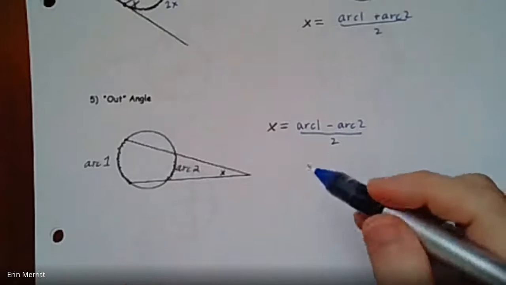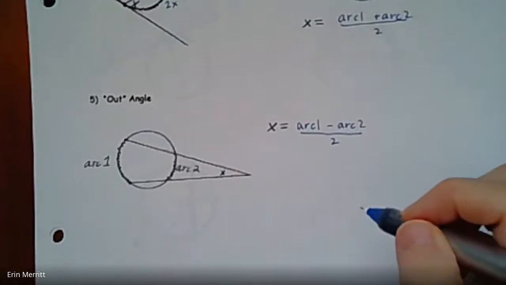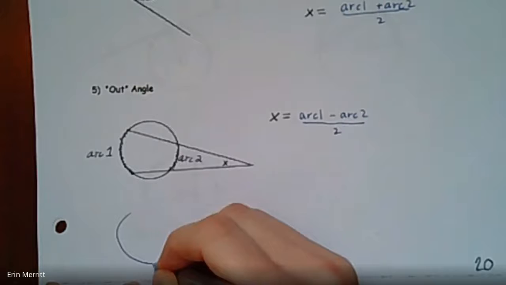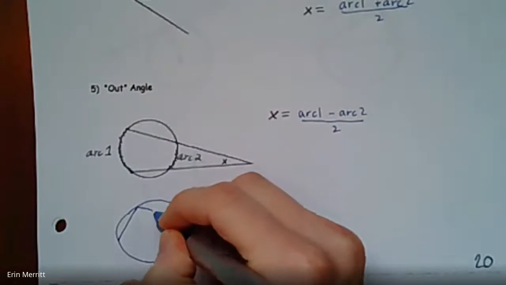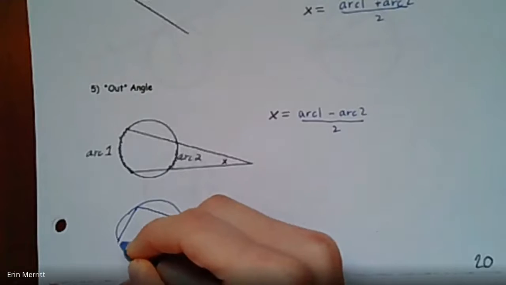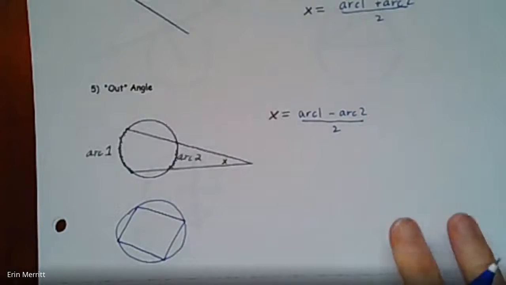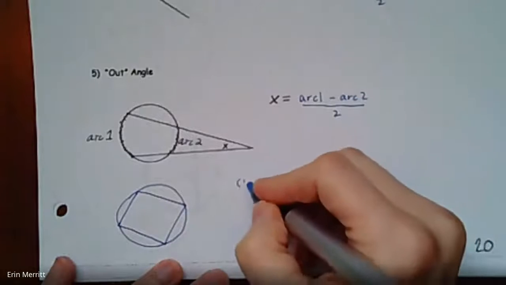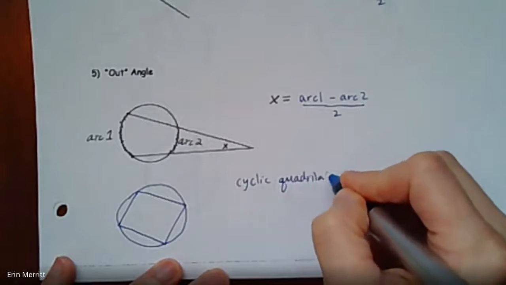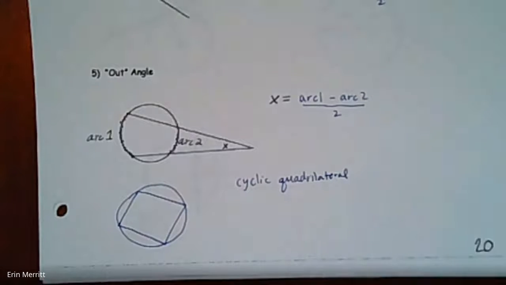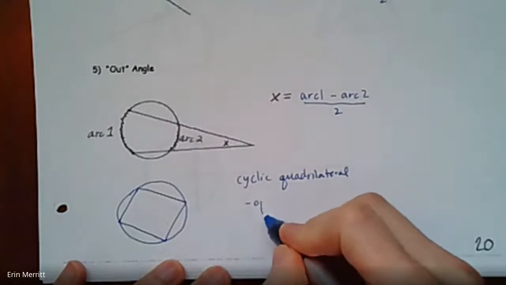The last little rule that we could sneak onto this page that's not on here, but it should be, is a cyclic quadrilateral. So if you have a little space here, give yourself a circle, and then draw a quadrilateral inside of it. And so if you can remember, for a cyclic quadrilateral, the opposite angles are supplementary.